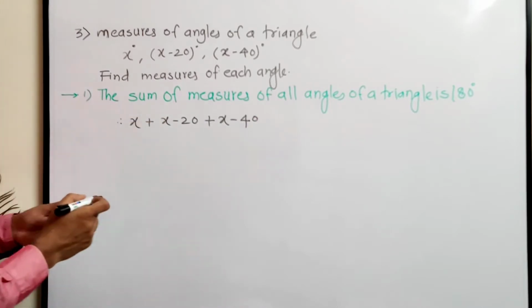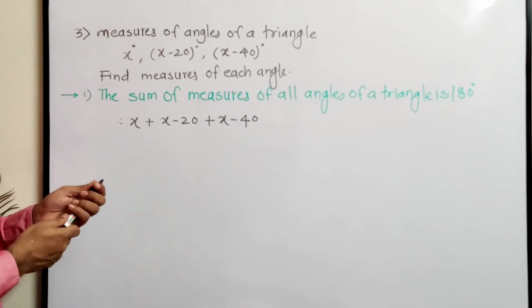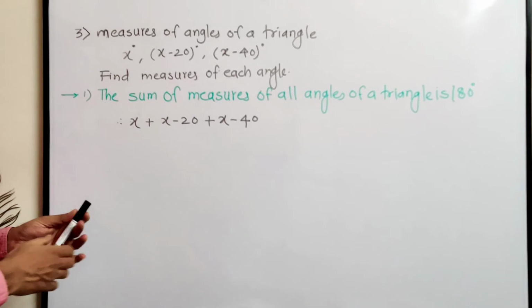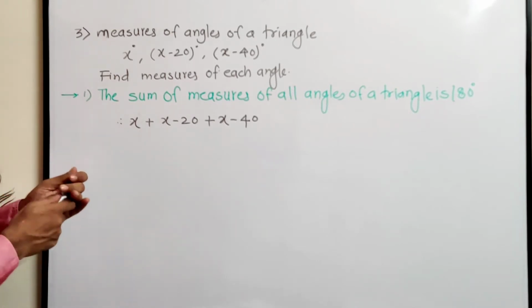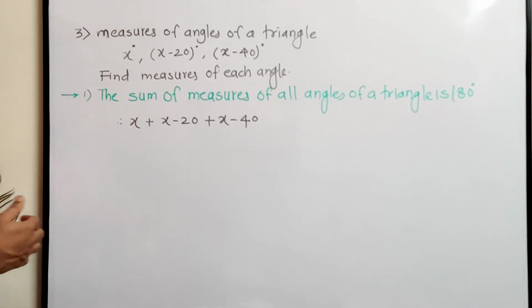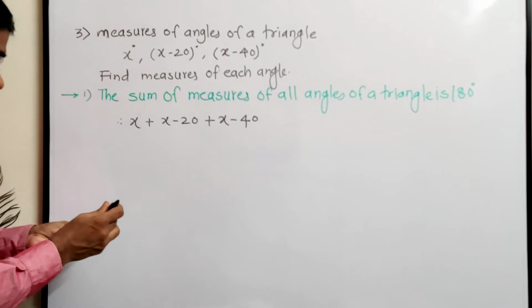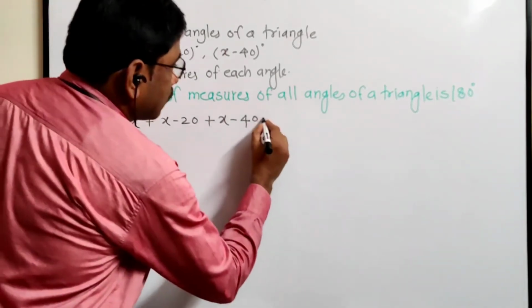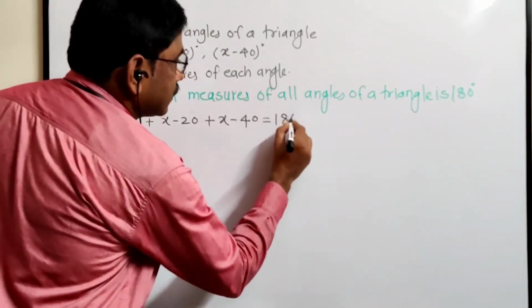So x degree means first measure, plus second measure x minus 20 degree, third measure x minus 40 degree. So all these measures are equal to 180 degrees.